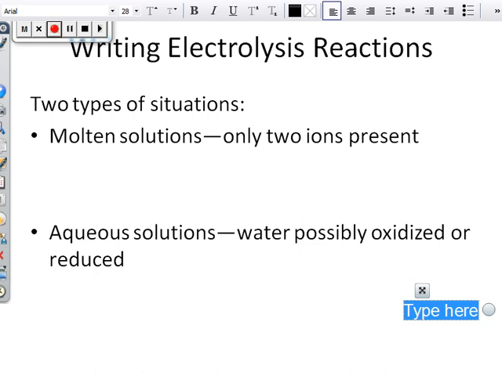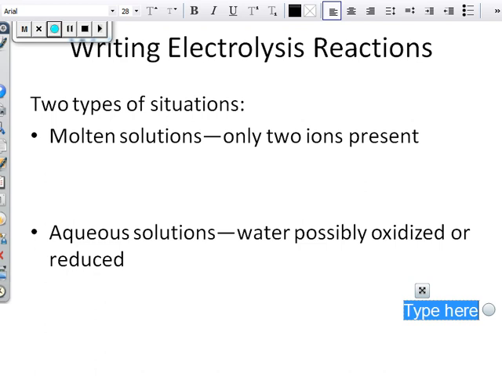Okay. Notes for today. Writing electrolysis reactions. Think about the Venn diagram. Electrolysis are the ones that are not spontaneous.